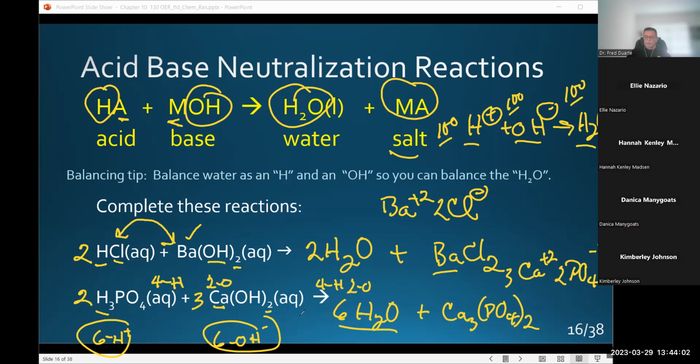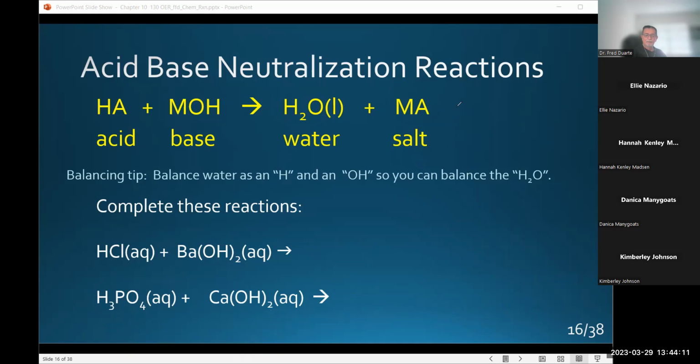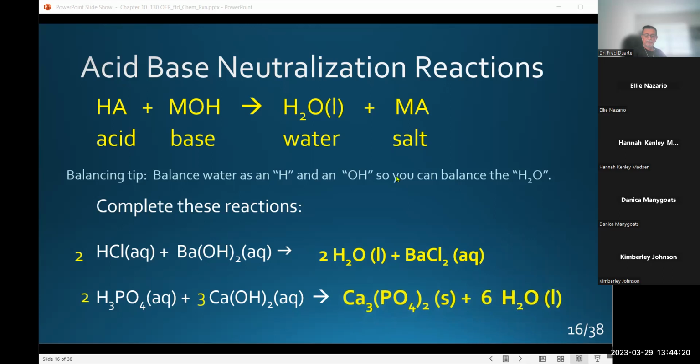So they're balanced. Okay. So let me clear up my mess here so you can see the reaction. So we got 2 there. There it is. 2 there, 3 there, and there you go.